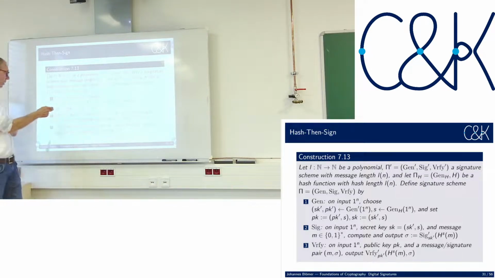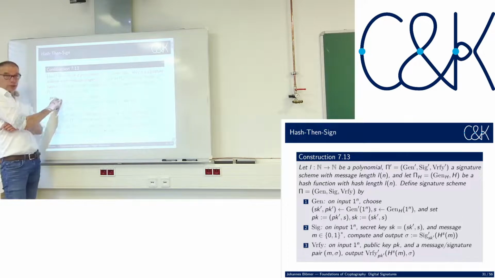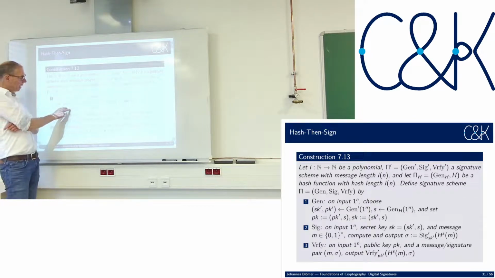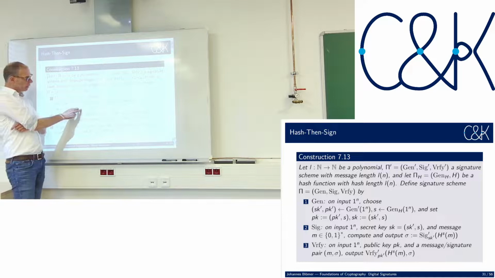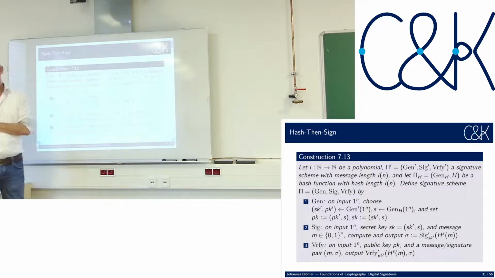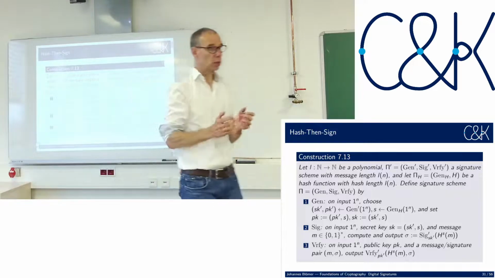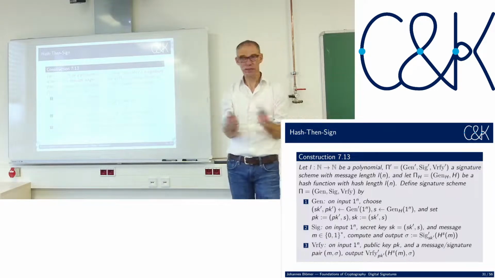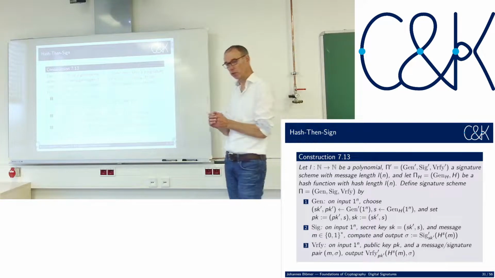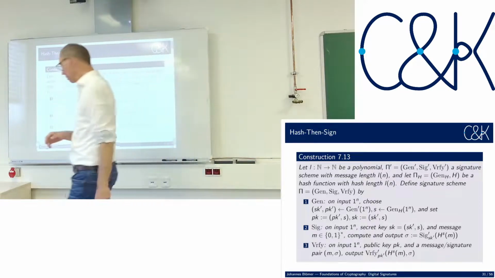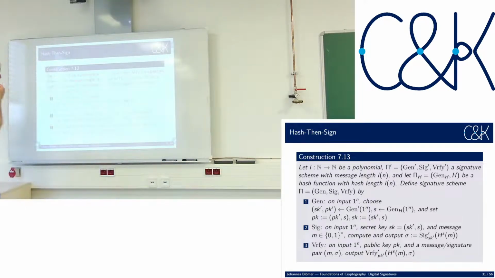Then it sets the public key for the new scheme as pk prime comma s, and the secret key is sk prime comma s. So s is included in both keys, so that's not the secret part of it. It's something that everybody knows. As I said, hash functions do not have secret keys, and here everybody knows the part s as well. So new keys: old keys plus the key for a hash function.